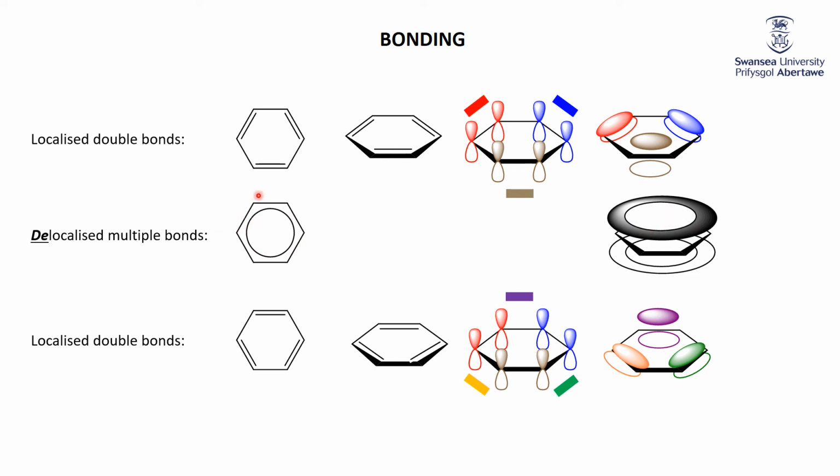Okay, you've got for sure at least one bond between every carbon, but then every position is halfway between a double and a single bond. Okay, so we have this delocalized pi bonding in benzene, and that explains all of the funny little things that we saw. It's not localized double bonds, it's delocalized multiple bonds.